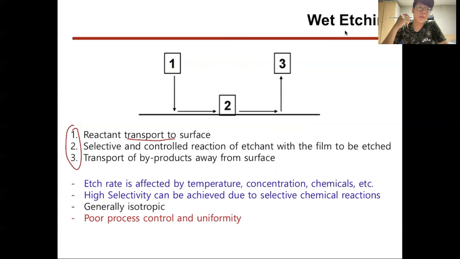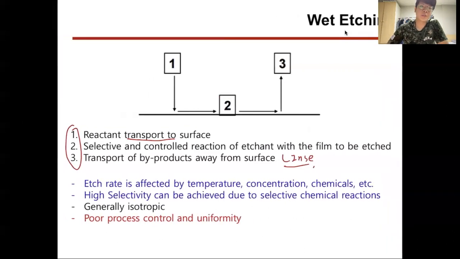Then, if we have given enough time for it to react on the film or target material, we have to remove it. We call this rinse. We rinse away those byproducts to prevent getting more etched, over-etched.